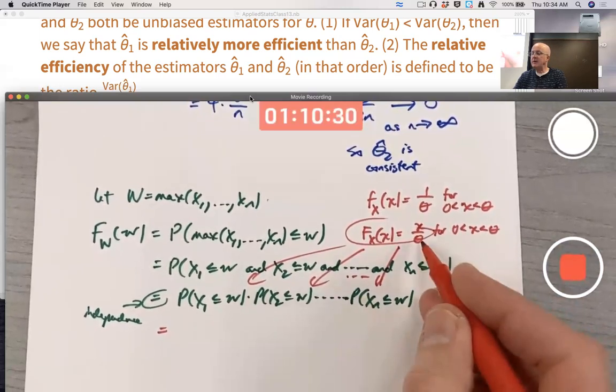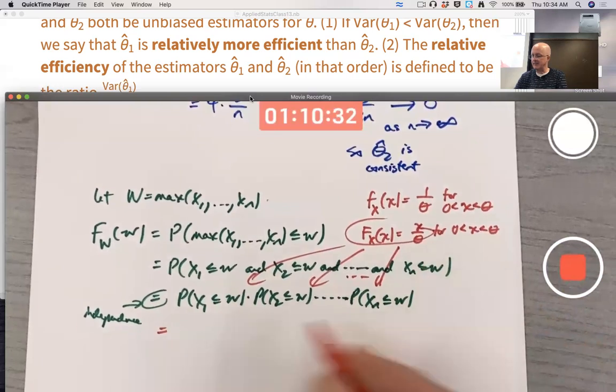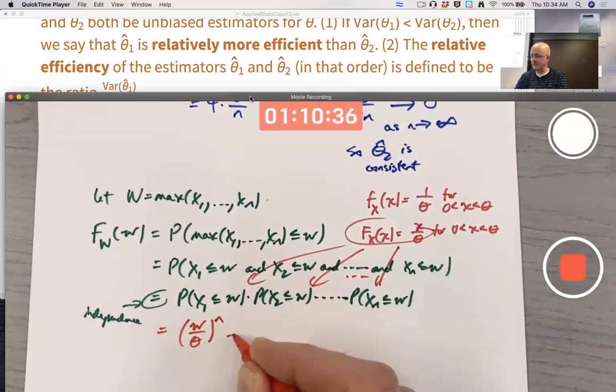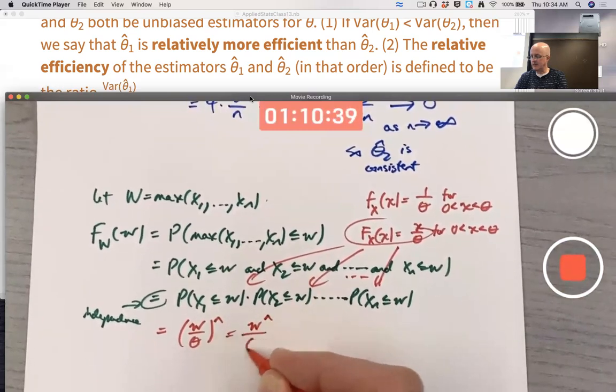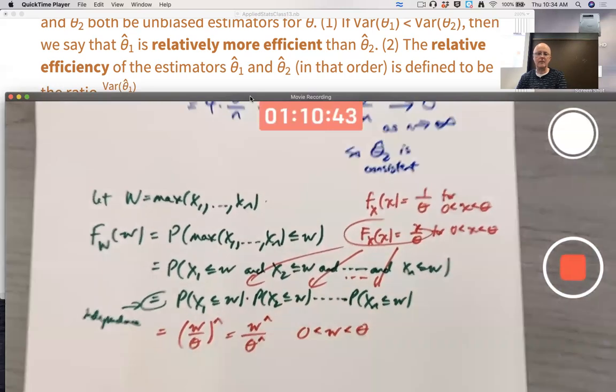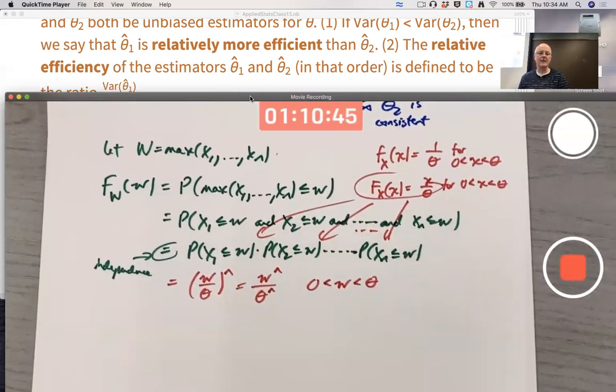So I get a bunch of W over thetas. How many of them? N of them. That is the CDF of the maximum.